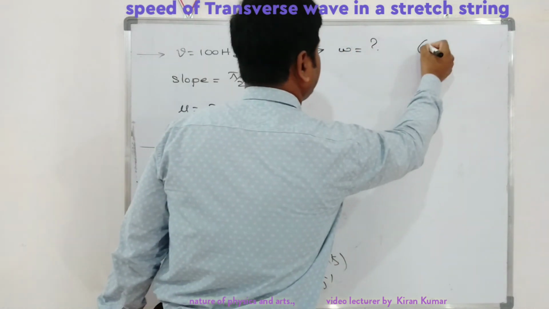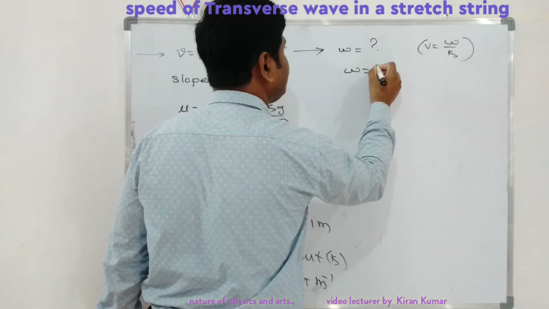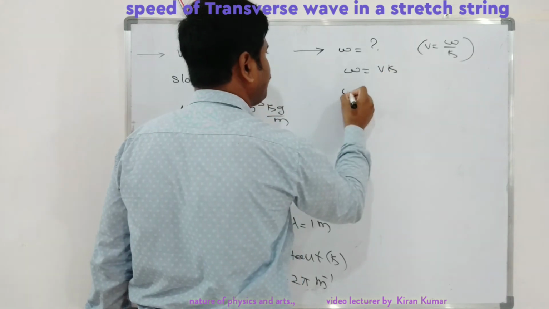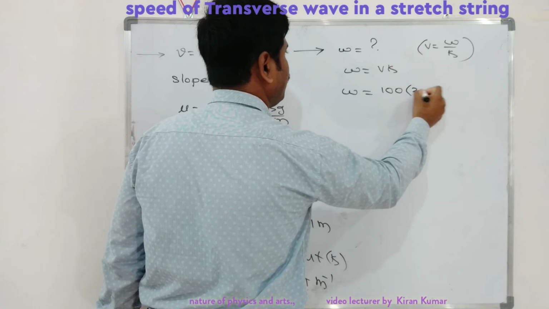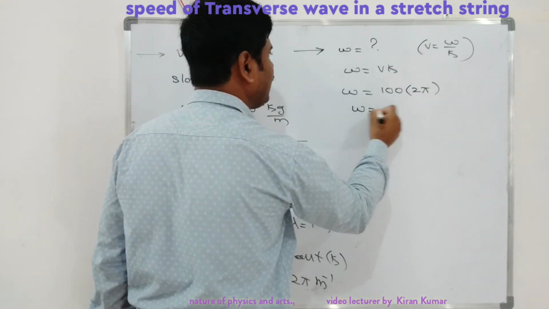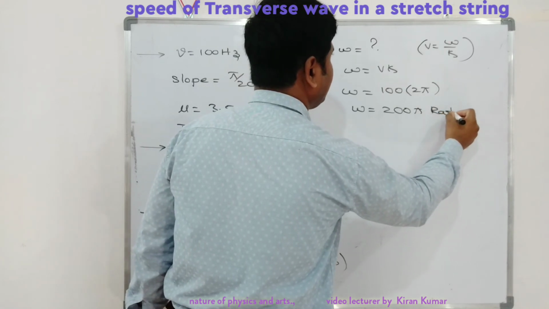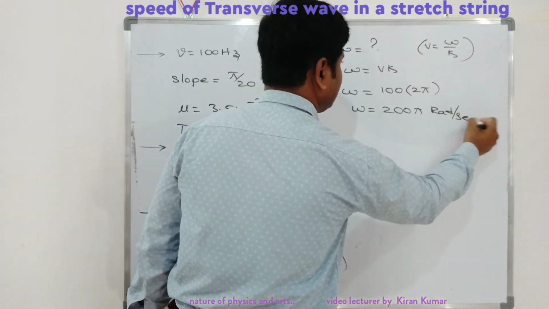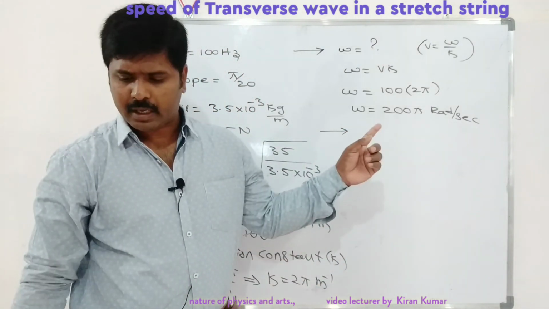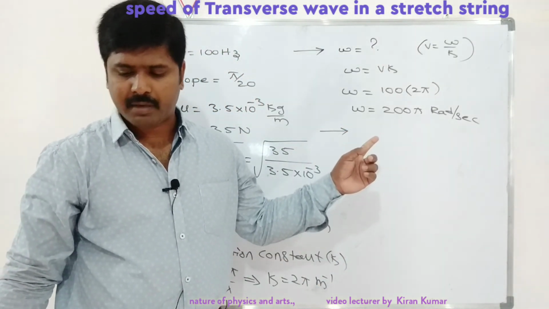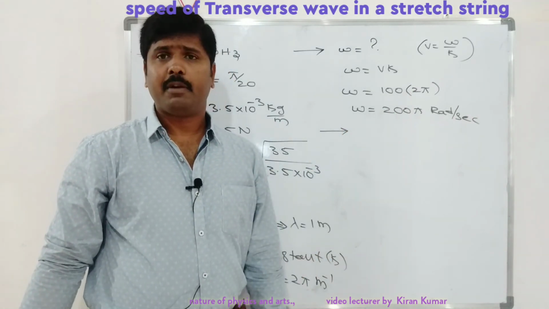Here v is equal to omega by k, and omega is equal to v into k. So omega value, velocity is 100, k value 2 pi. That's why omega is equal to 200 pi radian per second. So the second option is correct, that is angular frequency 200 pi radian per second.